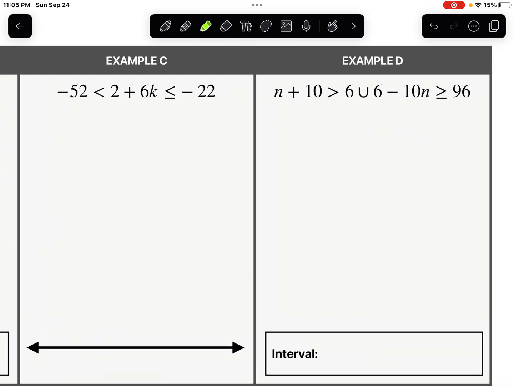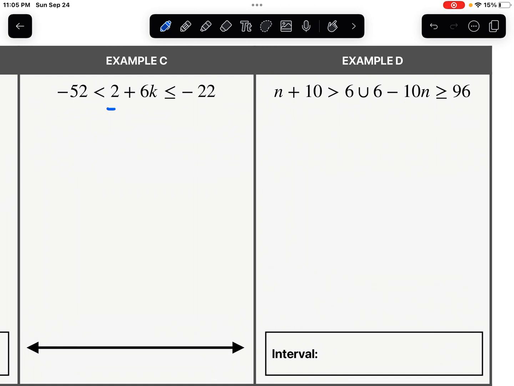You'll notice that this is a compound AND inequality, and it's actually pretty cool. The first thing we're going to do, like I'm sure you're imagining, is subtract 2 from all sides. That's right, not both sides, all sides.